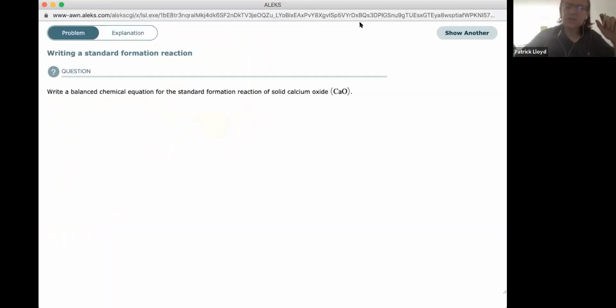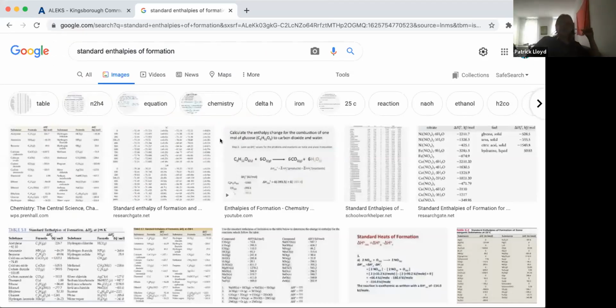Take a look at this. If you do a Google search of standard enthalpies of formation, look what you see. You see all these tables coming up here, right? It's a very common calculation in chemistry. So chemists actually use these values for all kinds of things. We'll take a look at this last step when we get there.